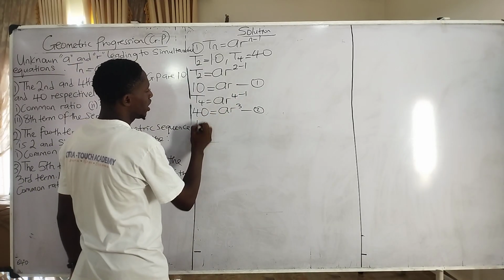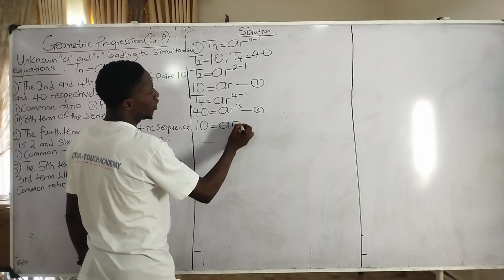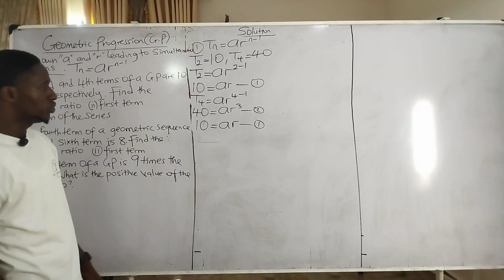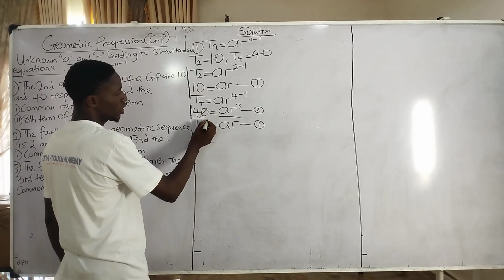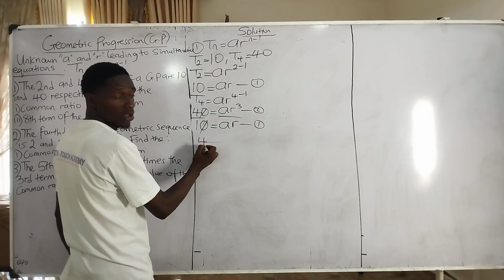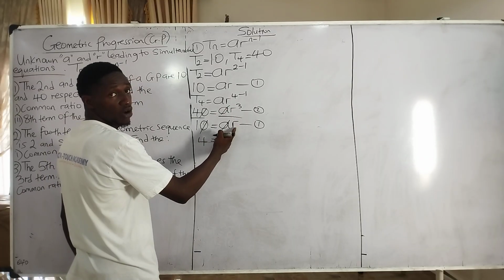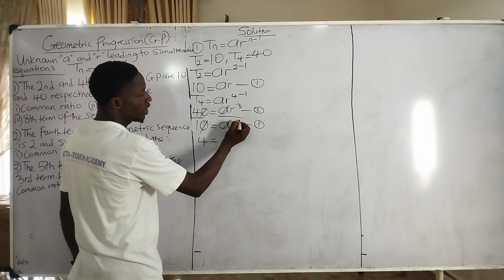Let's bring this one closer to equation 2. So equation 1, we have 10 is equal to A R raised to the power of 1, which we can leave like this. Then what do you do next? We have to divide each by 10. Then 0 will cancel 0, we are left with 4 is equal to, A will cancel A. So this is law of indices. When you are dividing, you are subtracting. The power here is 1.